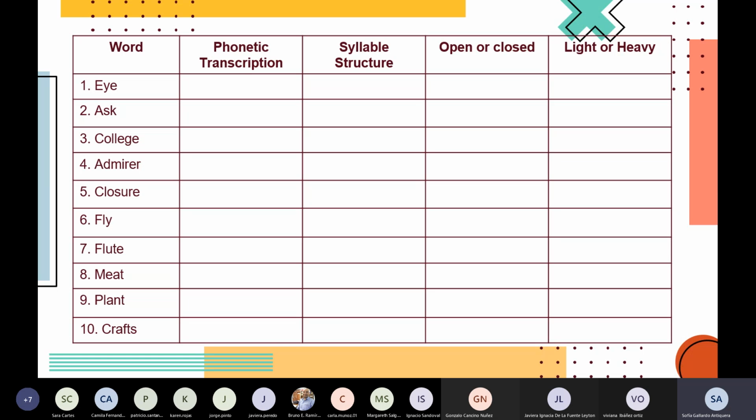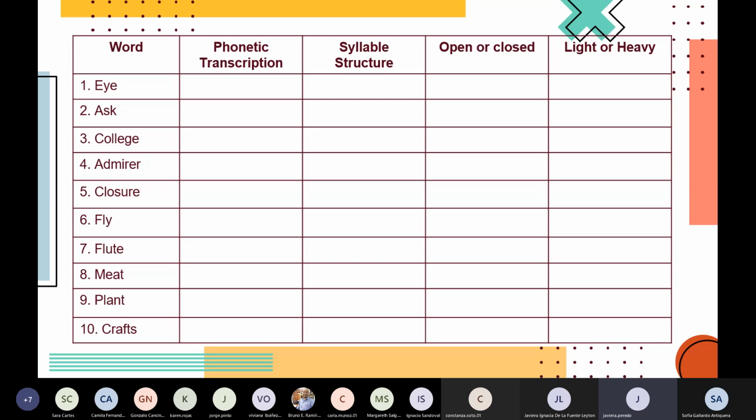Number 7, maybe Constanza Soto. Yes, I'm not very sure, but consonant, consonant, vowel, consonant, closed and heavy. Okay. We will check it. Thank you. Number 8, Javiera Peredo, please.